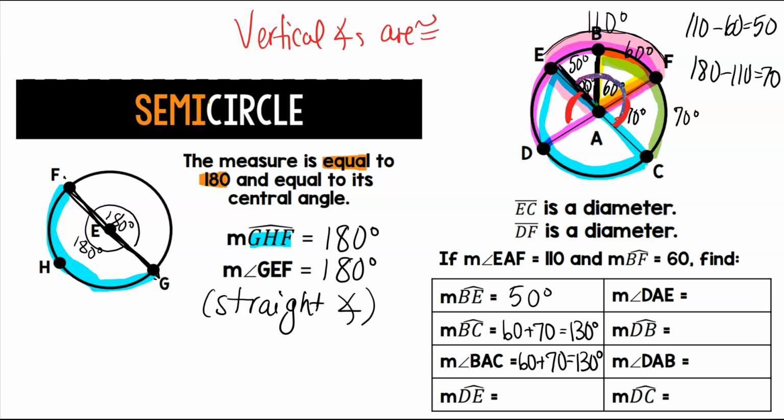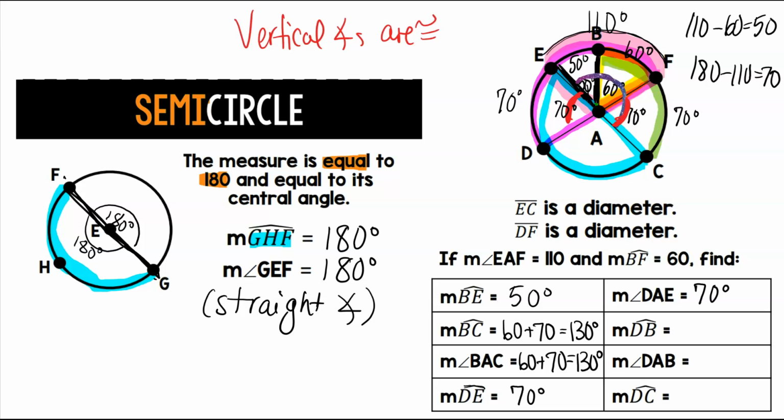So if this on the right was 70 degrees, the red one on the left needs to be 70 degrees. And if that central angle is 70 degrees, that intercepted arc is also 70 degrees. So the next part asks for arc DE, which means that that is also 70 degrees. Angle DAE is a central angle, and it is also 70 degrees. We found that by vertical angles.